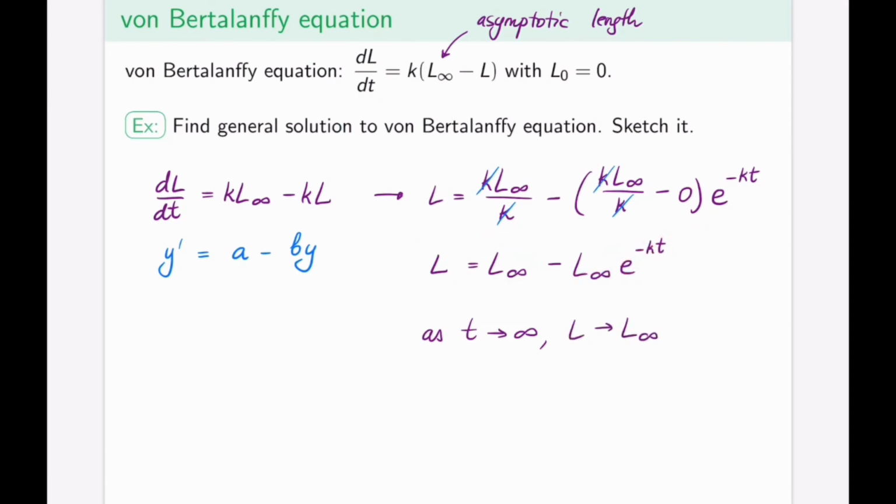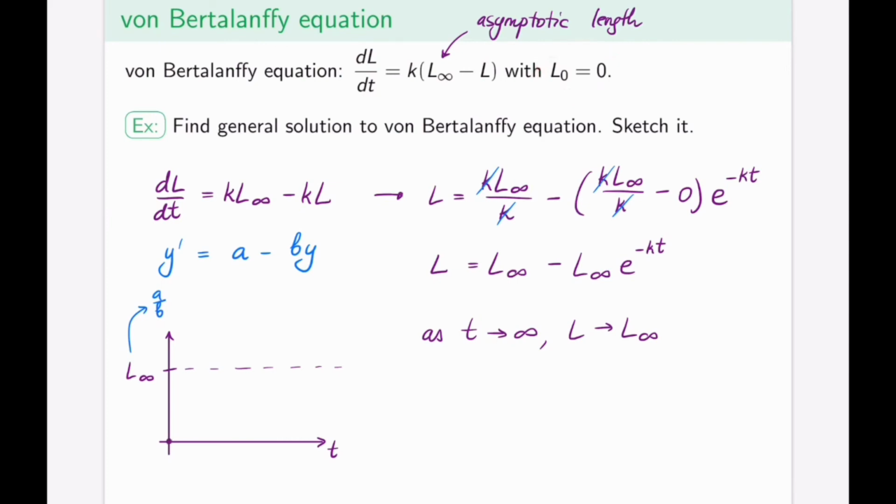If we are to sketch this now as a graph, again, I'm only interested really in the positive values for t. I notice that my L infinity here is then my horizontal asymptote. In this case, it's known as L infinity. In the previous slide, it was also known as A over B. So I have this as a horizontal asymptote for my model, and my initial condition says I'm going to start at 0.